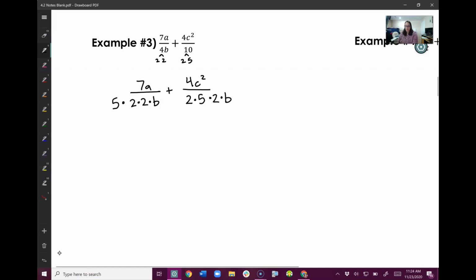But when I multiply to the bottom, I need to also multiply to the top to keep it balanced. So now I'm going to have 5 times 7a, which is going to be 35a, all over 5 times 2 times 2 times b. So that's going to be, let's see, 20b, I believe.